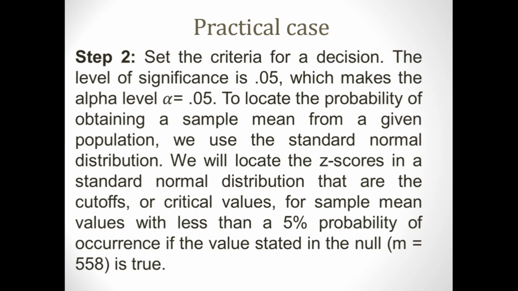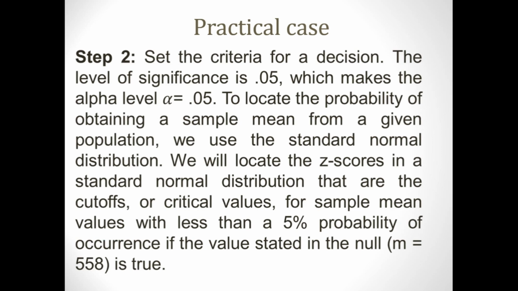We locate the z-scores of the standard normal distribution that are the cutoff or critical values for sample mean values with less than 5% probability of occurrence if the value stated in the null, mu equal 558, is true. So in step 3, we compute the test statistic.